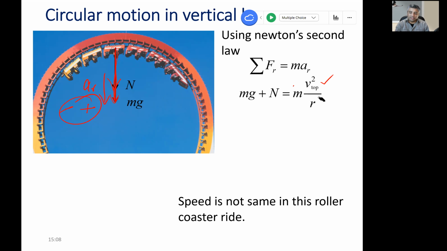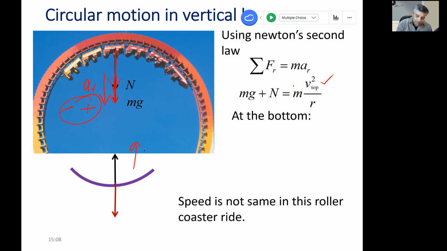So depending on what you're looking for, you can solve for that quantity. Now at the bottom, how is it going to change? mg is always vertically down, but the normal force is now going to be up, and acceleration is going to be up.